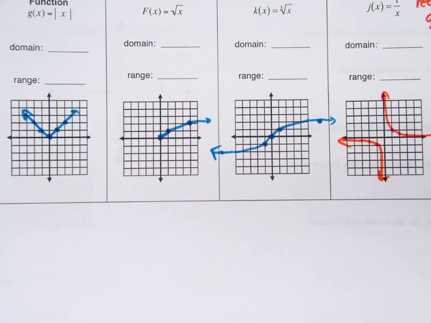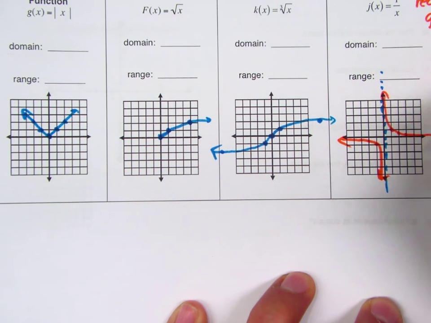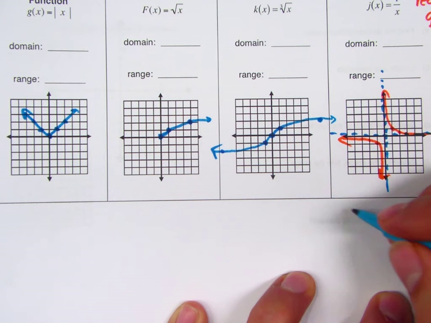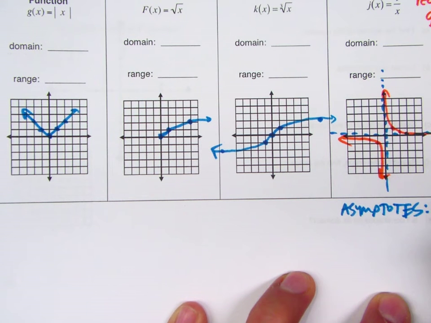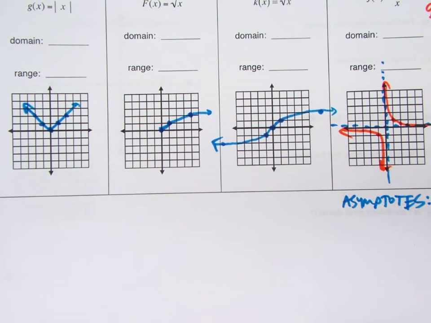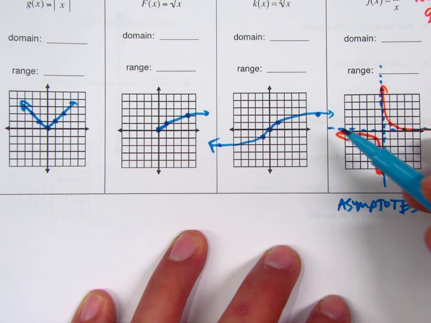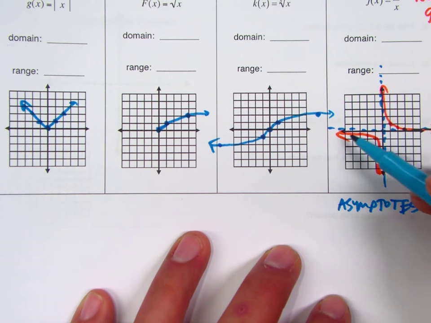And because we don't actually hit the x or y axis at all, we have these things that we call asymptotes. Have you guys studied those before? Okay, I know you have. Asymptotes are lines that we get really close to on the graph.